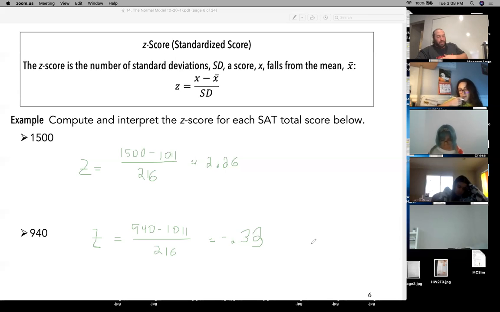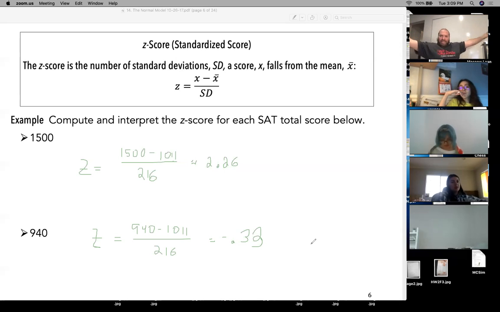You said that if we are past -2 or +2, then we are in an unusual result, correct? Right. This is not past that, so it's not unusual. Yeah, but it's still negative, so it's unusual. I'm so confused. No. Negative doesn't mean unusual. Oh, okay. Negative just means beneath the mean.